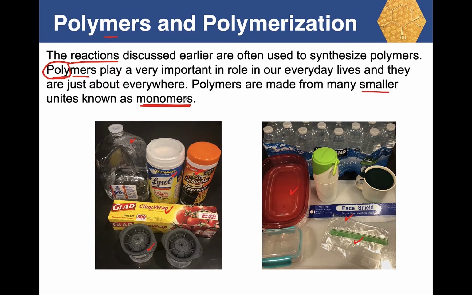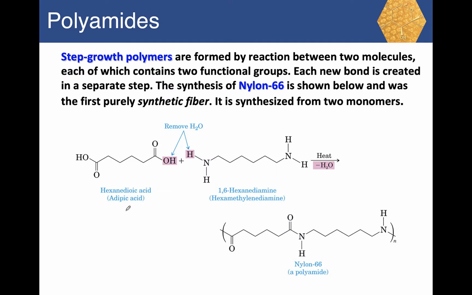So let's look at some reactions. Here's a monomer, hexanedioic acid. Notice it has a carboxylic acid end here and a carboxylic acid in here. If we react this carboxylic acid end with another monomer, which has an amine, so here's an amine, we have discussed this reaction before.